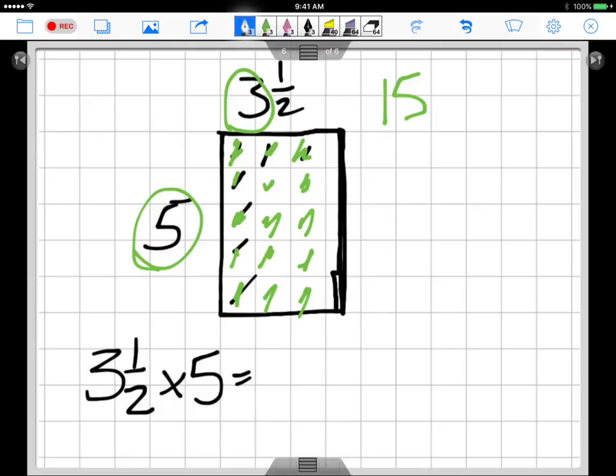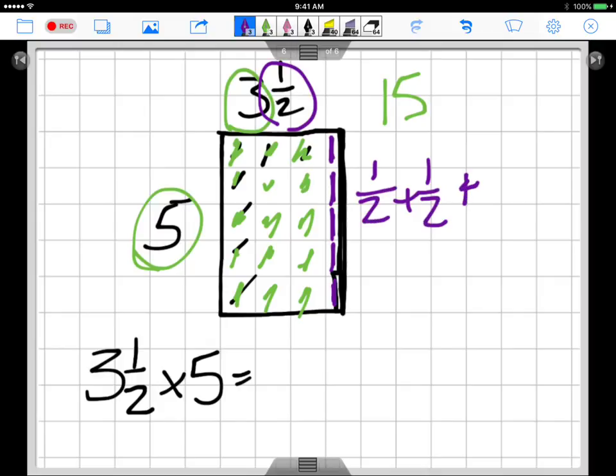Now I'm going to count up my fraction pieces. I'm going to count 1, 2, 3, 4, and 5. And this half right here tells me those are each worth 1/2. So I have 1/2 plus 1/2 plus 1/2 plus 1/2. I know it seems like a lot to write, but you'll thank me later.